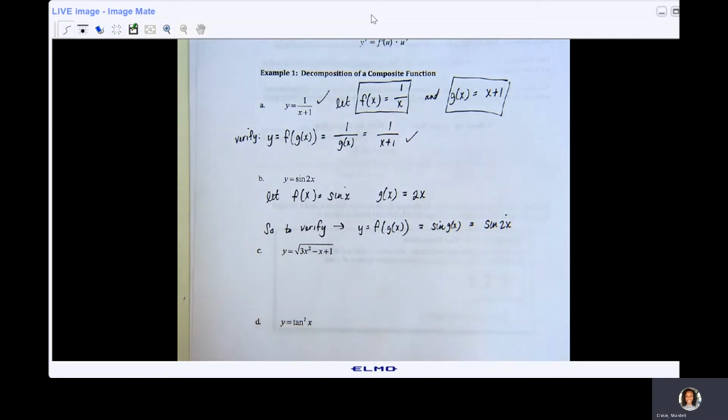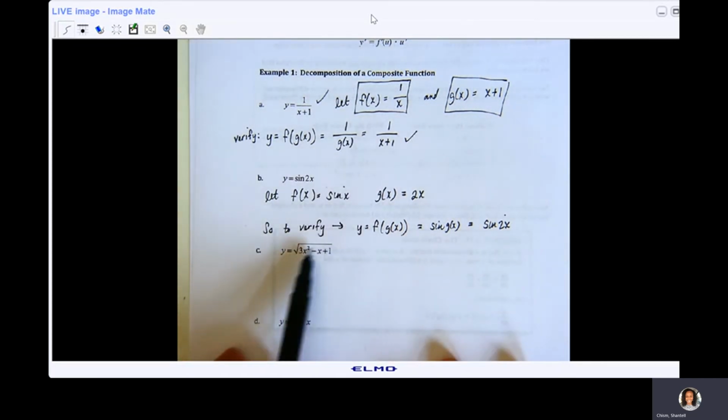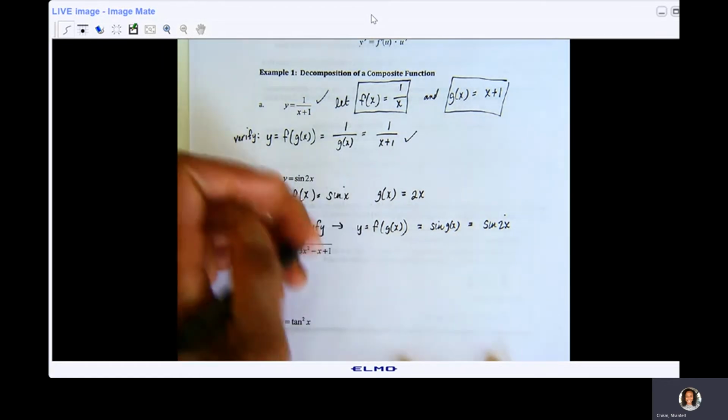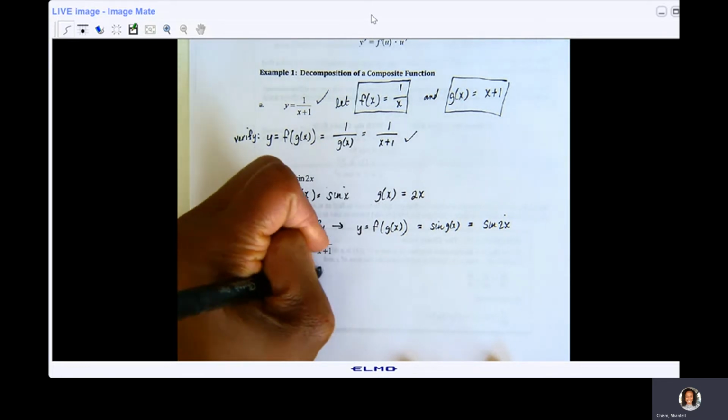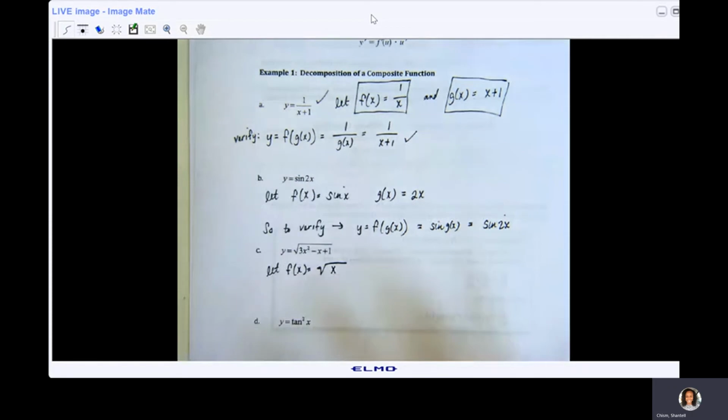Let's look at these two, and then I think we'll be ready to look at the chain rule in just a minute. Here on part C, you've got the square root function on the exterior, and then this polynomial, a quadratic to be exact, underneath the radical. So let's let f of x equal the square root of x.